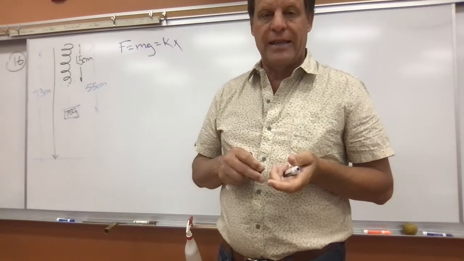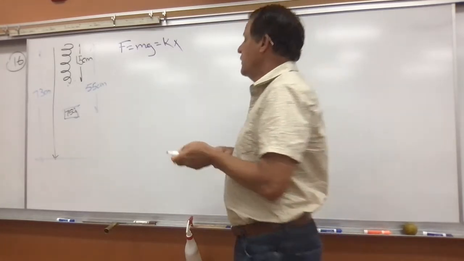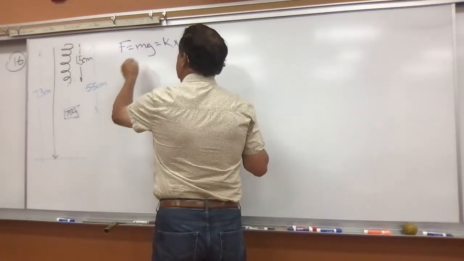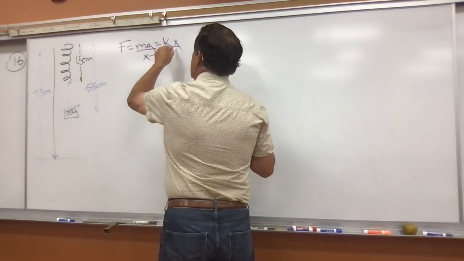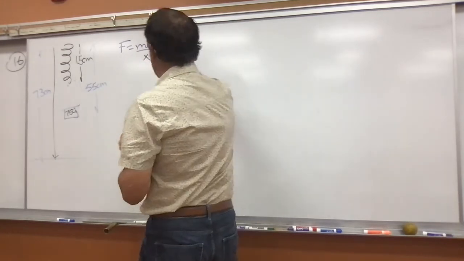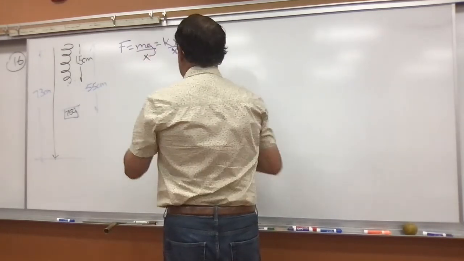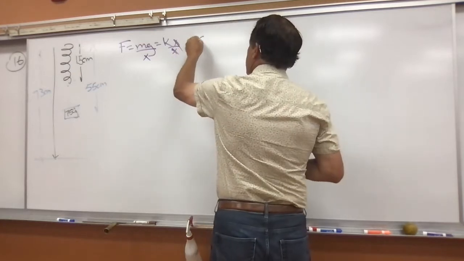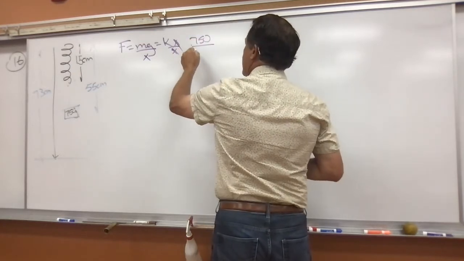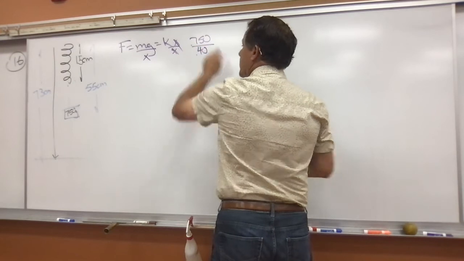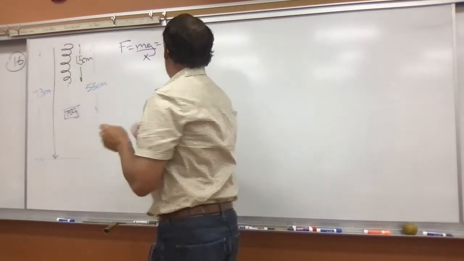So essentially, the negative kind of disappears there. So we're going to have mg over x is equal to k, which is going to be 0.750 divided by 0.40, which is the difference between those.